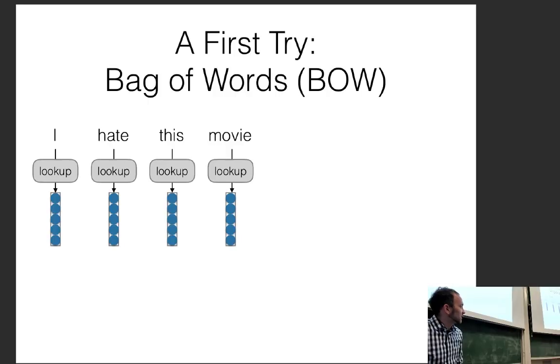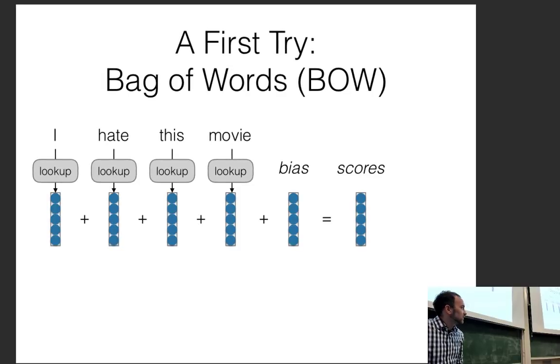This is the score for bad, and this is the score for very bad. And we also have a bias. This bias tells us basically how likely this is a priori for very good, good, neutral, bad, very bad. We add all of these scores together. We take the score, and maybe we take the highest score and output that as the class for this sentence.